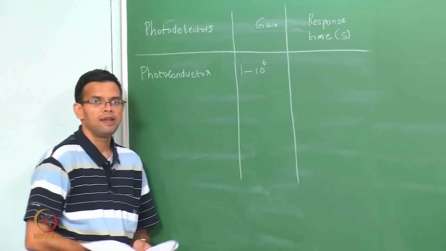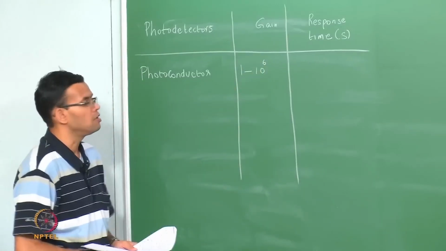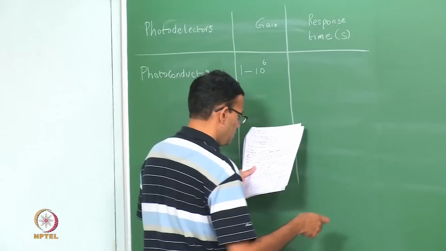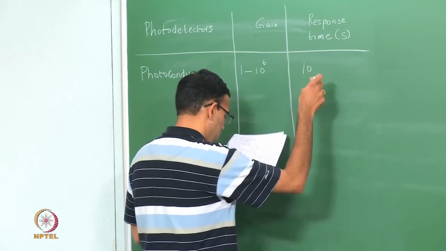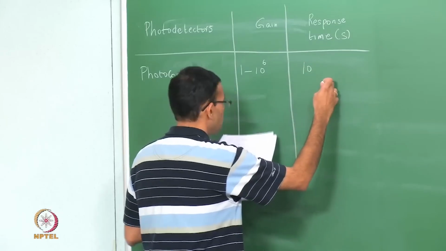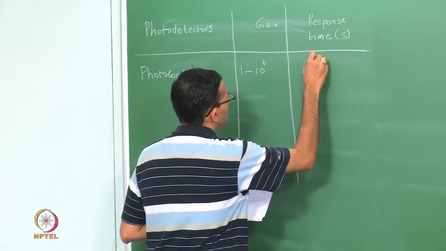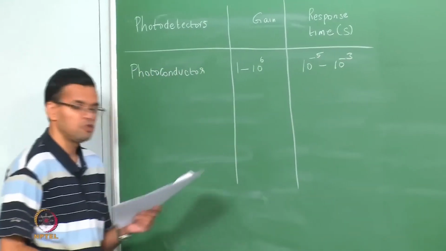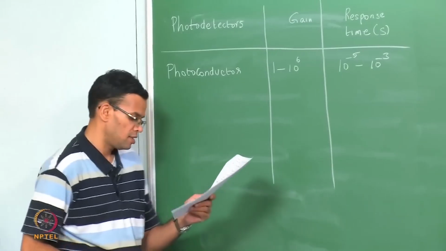Depending upon the applied electric field, and we will talk about it in a minute, it can have different gain values, and the response time is usually of the order of milliseconds.